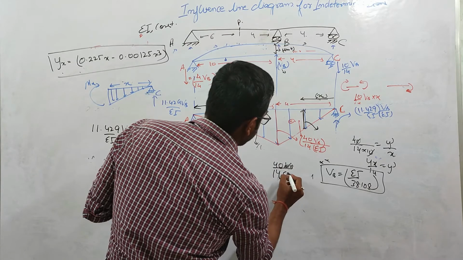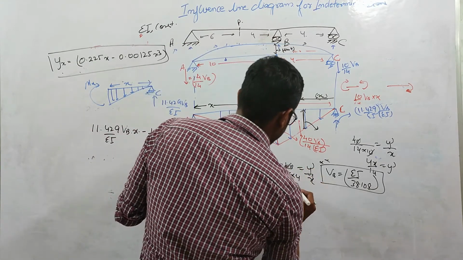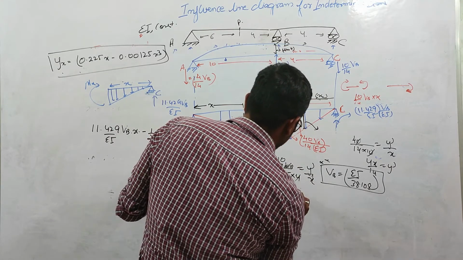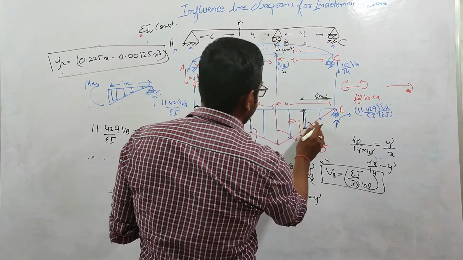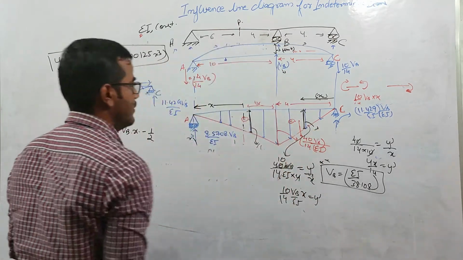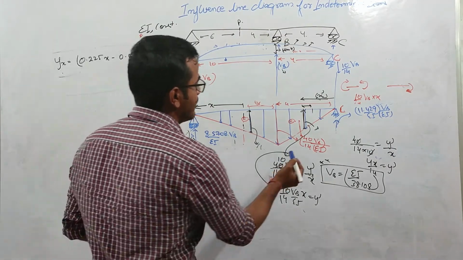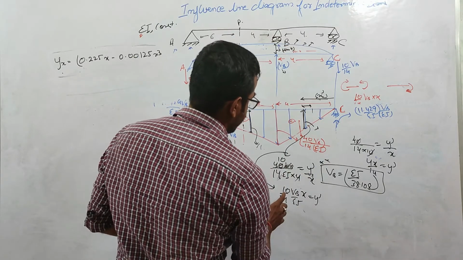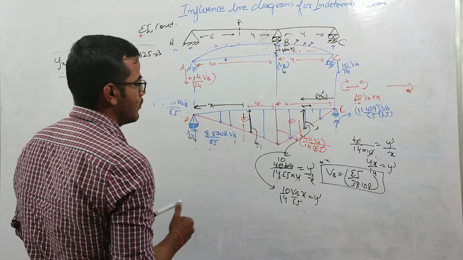VB over EI into 4 equals y dash over x. So this value is basically 10 by 14 VB x over EI. So we have calculated this ordinate at this location, and the value of this ordinate is basically 10 by 14 VB x over EI equals y dash.